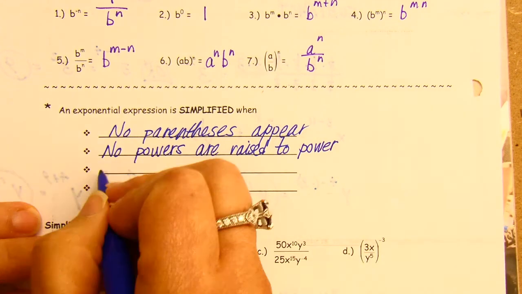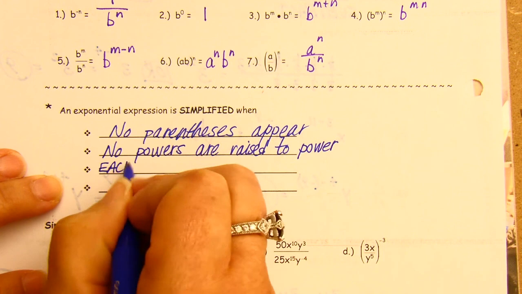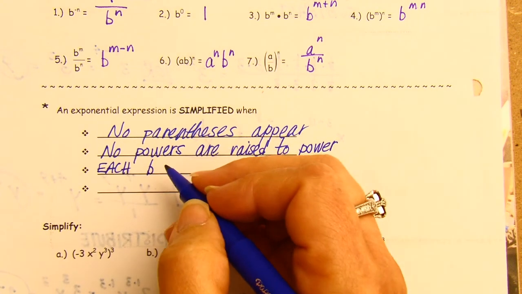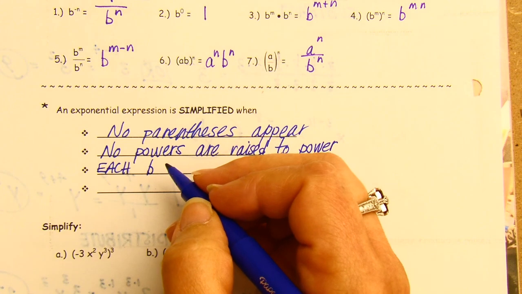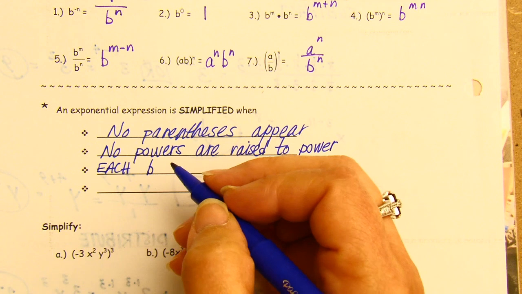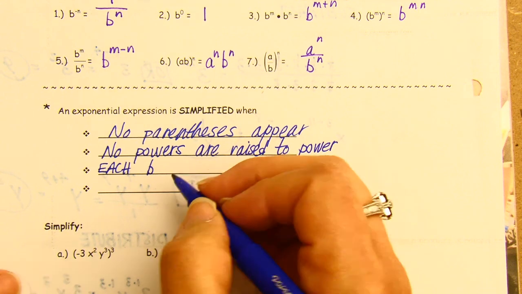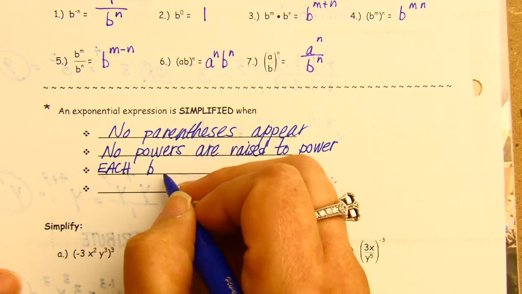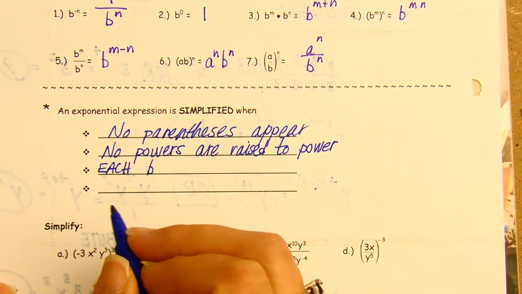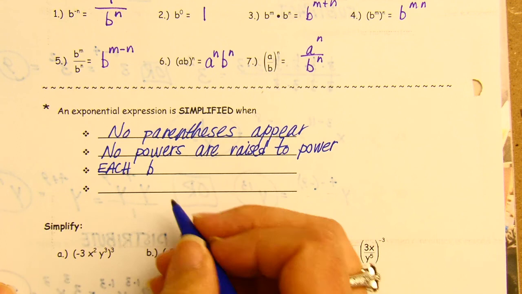Also, each base occurs just one time. I can't have stuff in the numerator and in the denominator. I can't have a to some power in the numerator and in the denominator and say it's simplified. I need all the a's either upstairs or downstairs. They can't be both places. Or I can't have 3 times a times b to some power times a to some power.